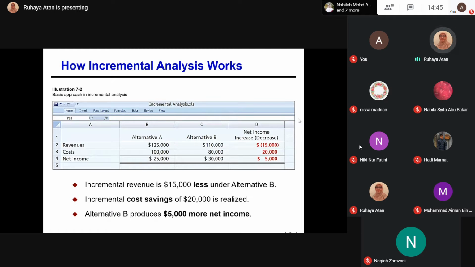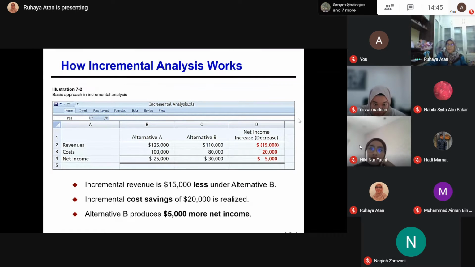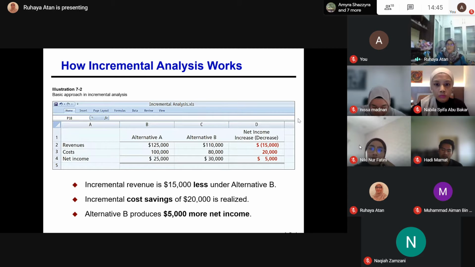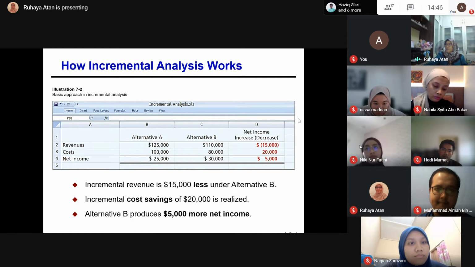You make 5,000 better if you take alternative B. So the incremental revenue is 15,000 less; if you take alternative B, you save cost of 20,000 and you make more income by 5,000. By this, you can decide already. Which is the better alternative now?